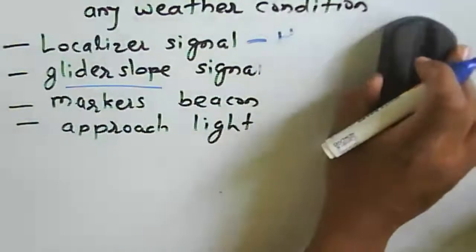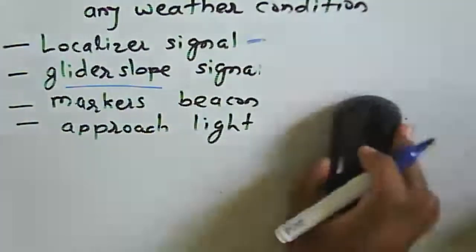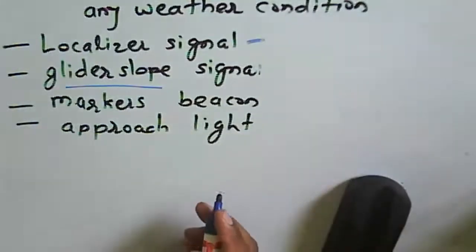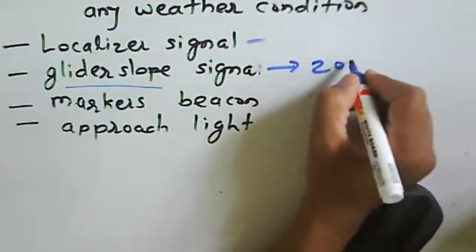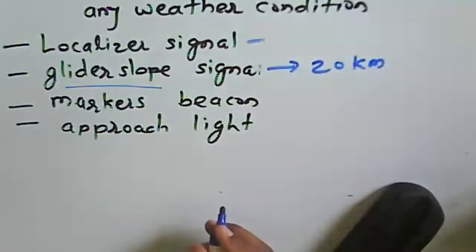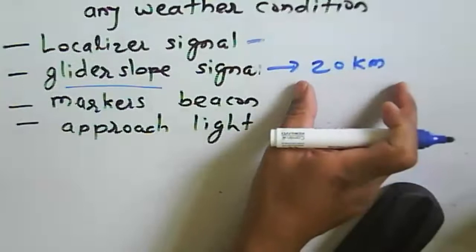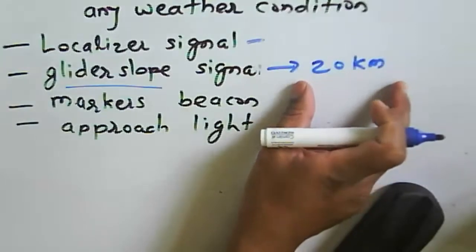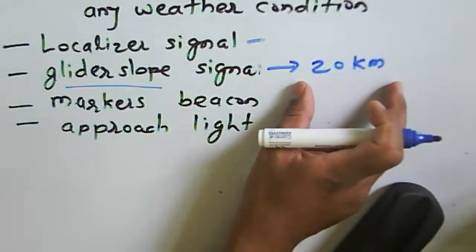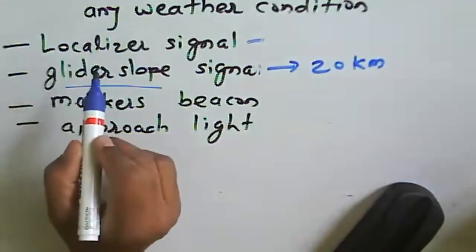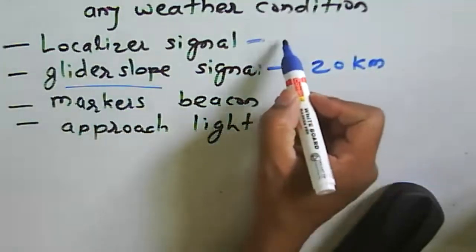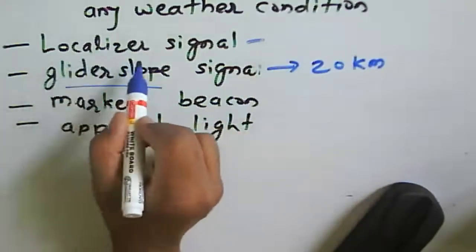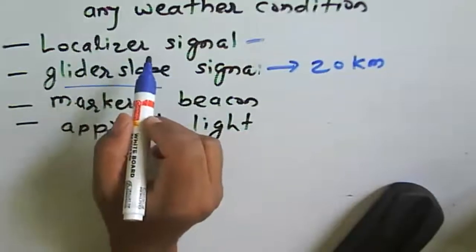This way the glide slope signal is used. The usable distance for this glide slope is about 20 kilometers, and the glide slope signal is more sensitive. It provides information regarding the position, and the vertical signal as well as the horizontal signal are compared with the localizer.